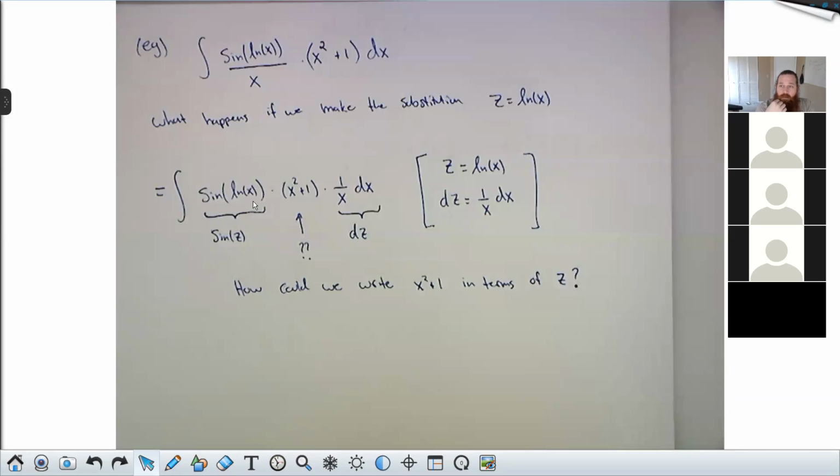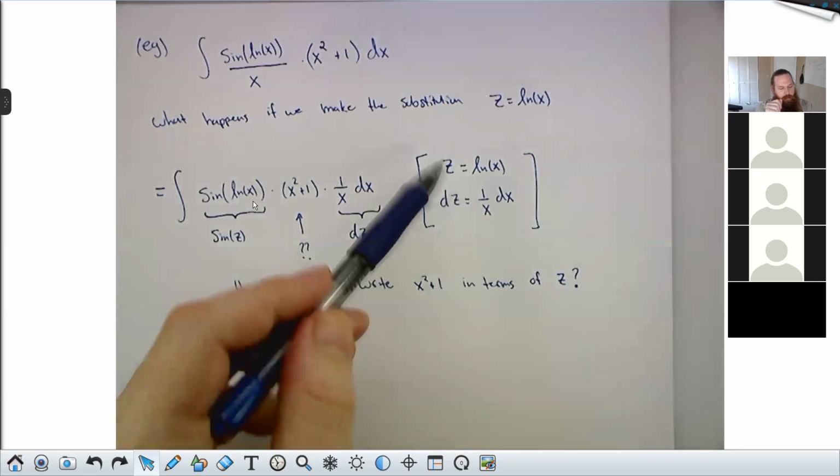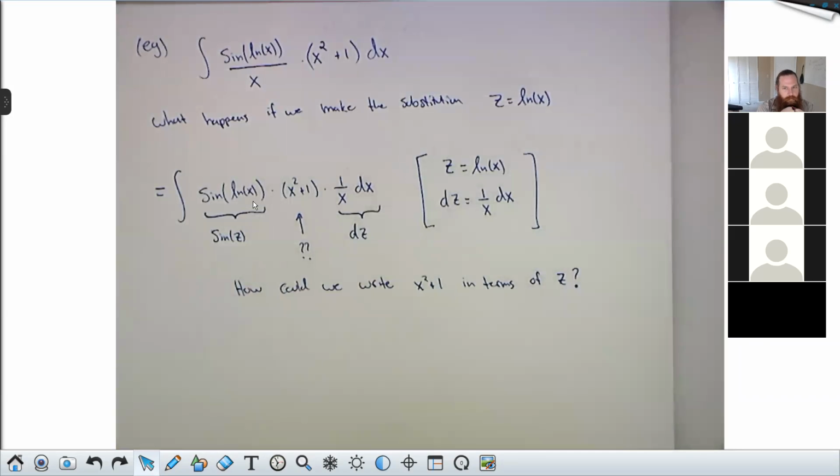If z was just equal to x, then x squared plus 1 would be z squared plus 1, and I could just plug in a z there. But z isn't equal to x. z is equal to the natural log of x.